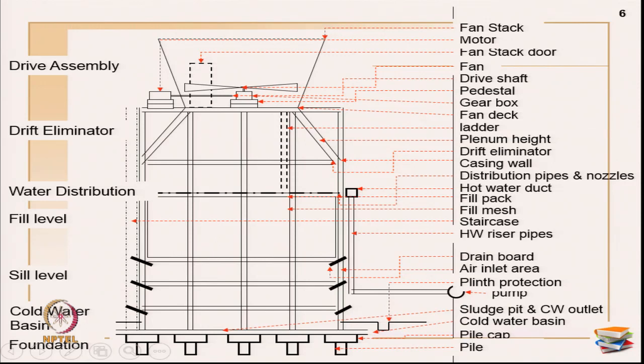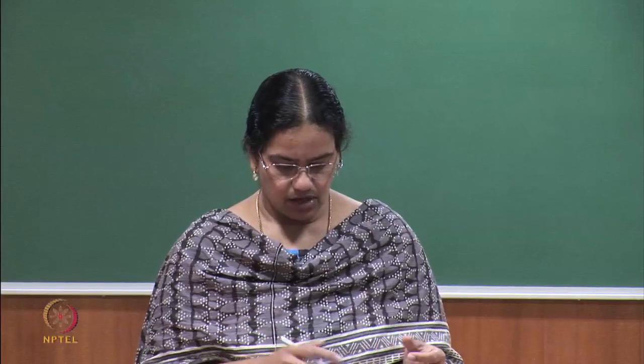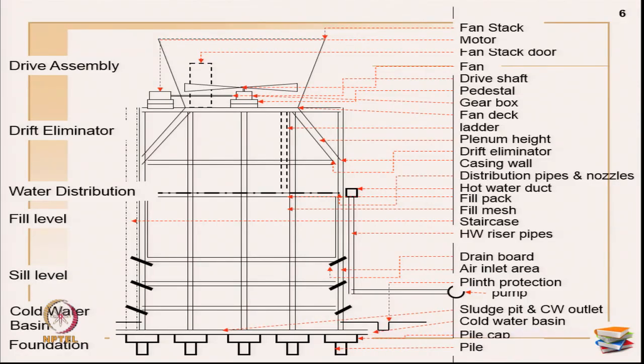Okay. So, the water generally comes through the hot water basins, and it moves through the drift eliminators and the water distribution. What happens here is the fans and the drift eliminators prevent the water particles from going outside. The water falls from the hot water basin, and in the fill level there is the cooling medium which cools the water.